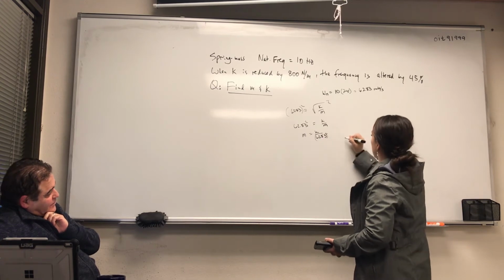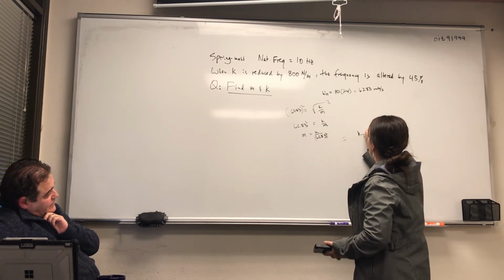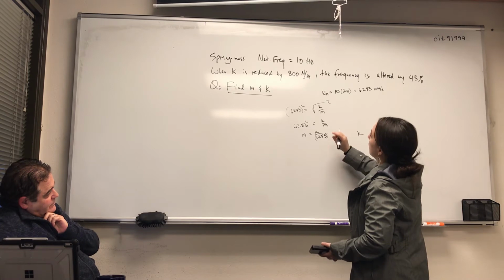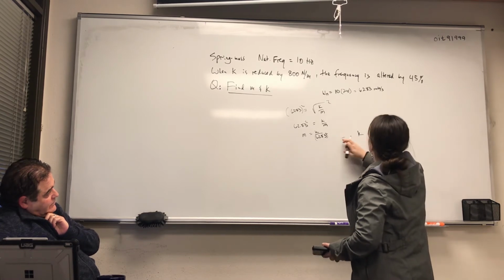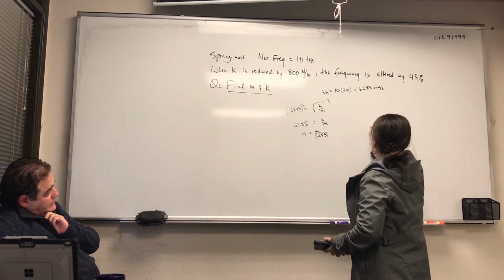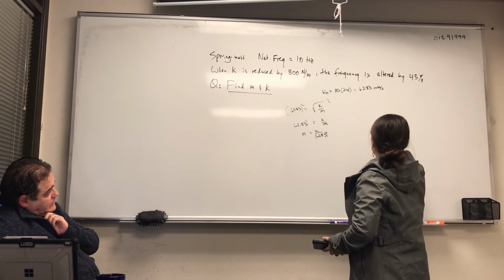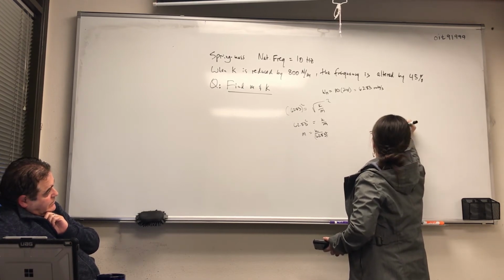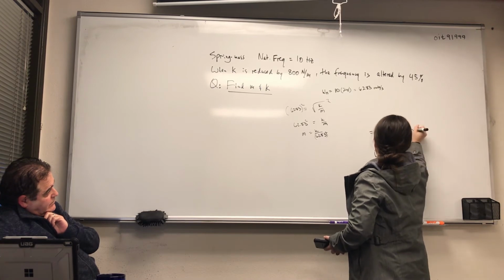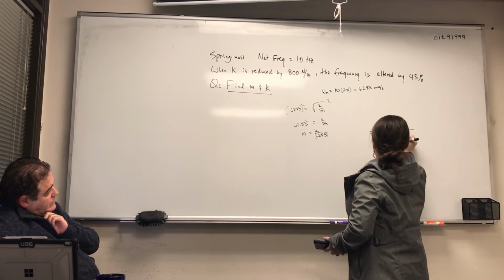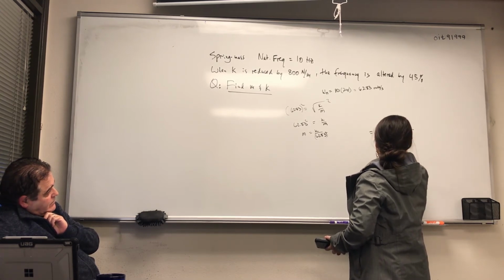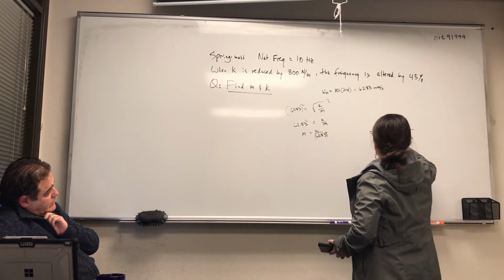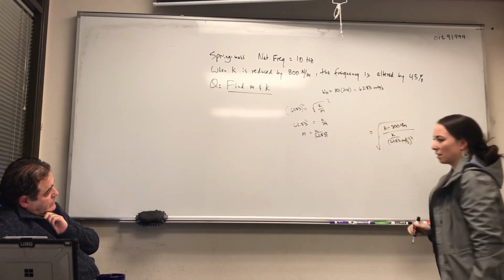So if we plug it back in here, we're trying to find our altered frequency, which would be the square root of K minus 800 newton meter divided by K over 62.83 squared, not simplified, something like that.